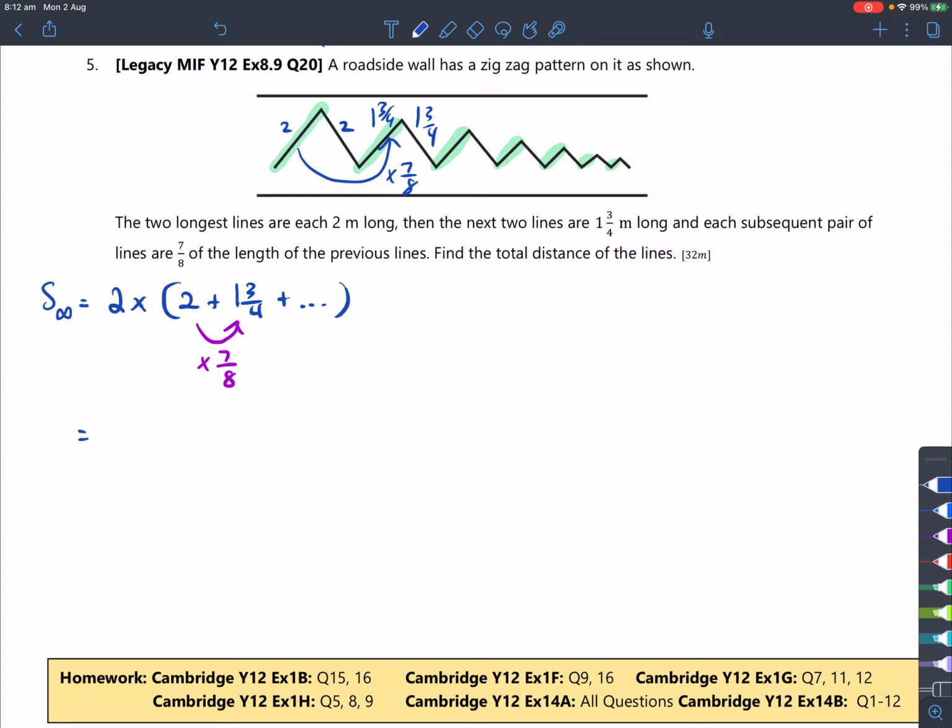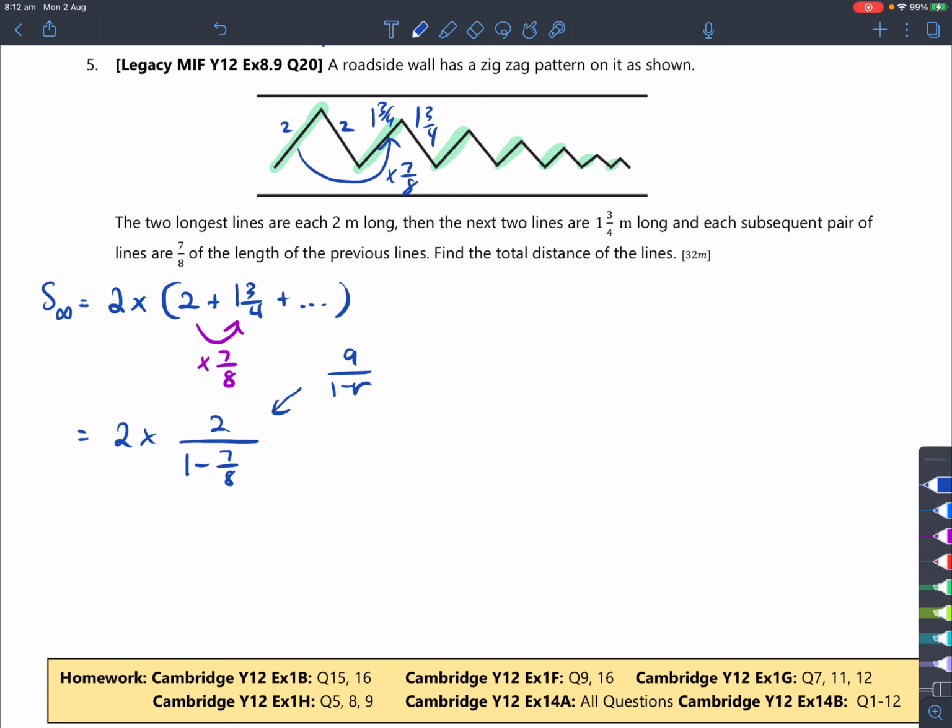So we're now going to do 2 times the sum of all these numbers here, which we're going to use a limiting sum formula for because this ratio is between -1 and 1, right? So we're going to times that by 2 over 1 minus 7/8, okay, which is a over 1 minus r for the limiting sum formula.